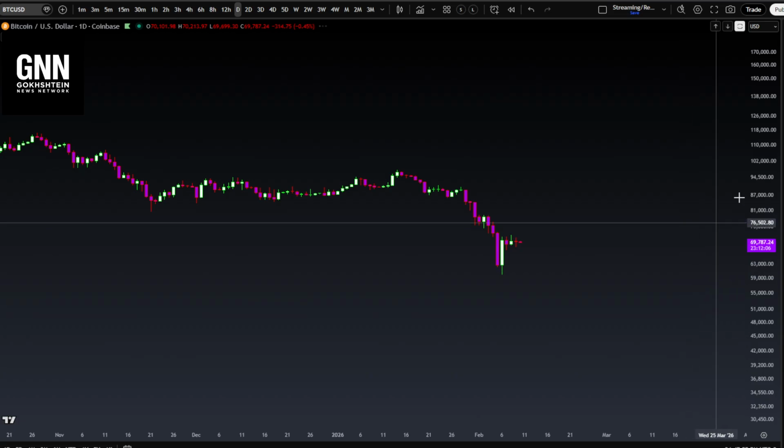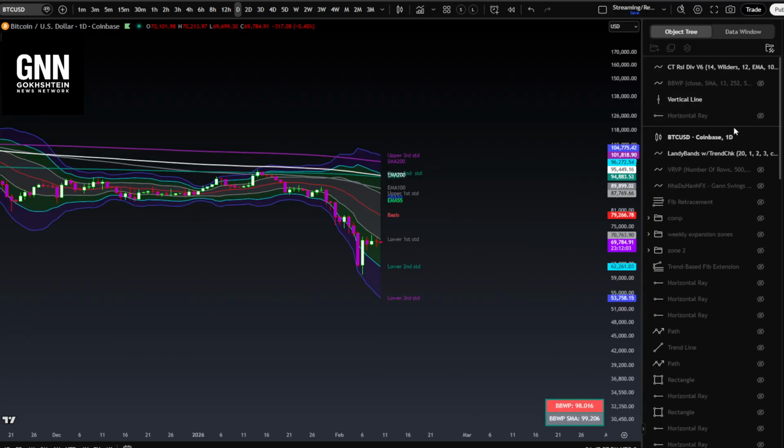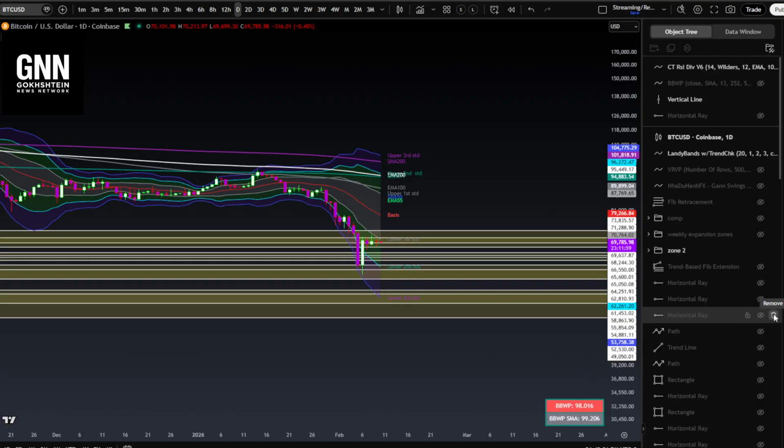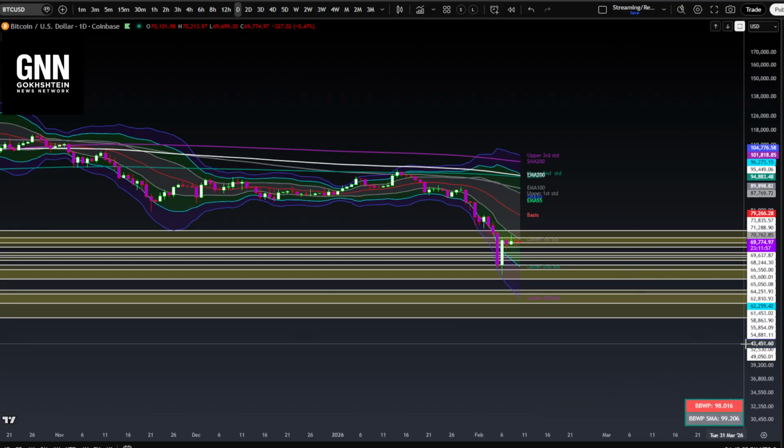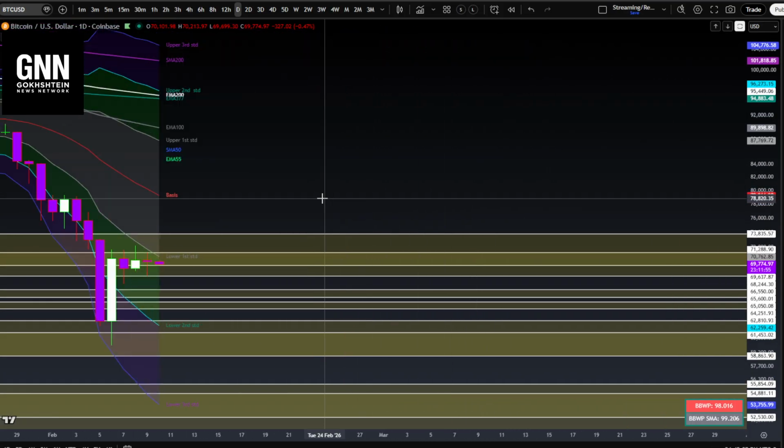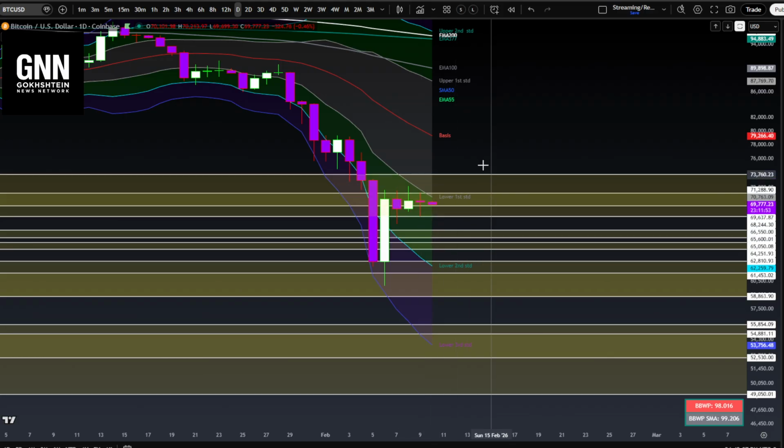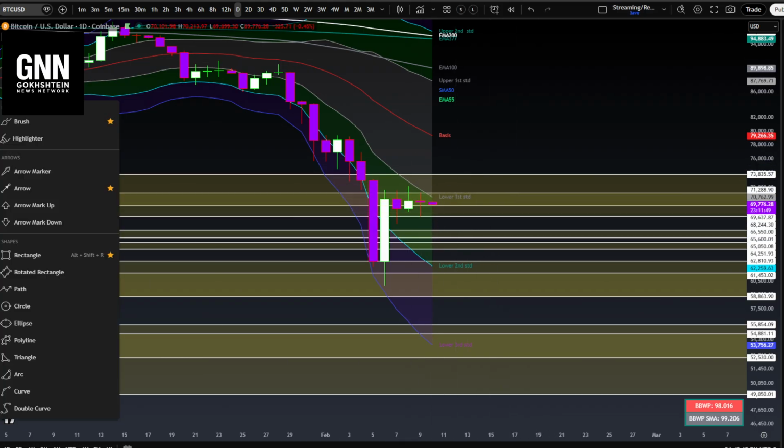But let's get to the daily and let's look at the weekly levels that Bitcoin's playing in right now. And that's going to be our zone 2 down here. All right. So Bitcoin is playing in the top side of the weekly structure for that $73,835 to $50,000 essentially, or $49,000.